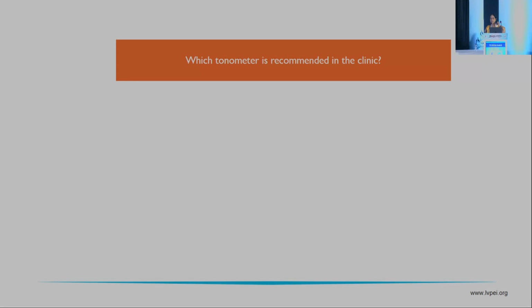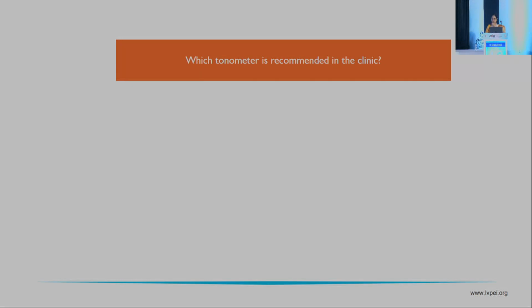Also, to drive home the message that intraocular pressure is important, but when you have all the other features, even with an IOP of 8 or 10, I'm just throwing a number there, which is possibly in the normal range, you will still consider that as glaucomatous, and you will go ahead and do a glaucoma surgery.